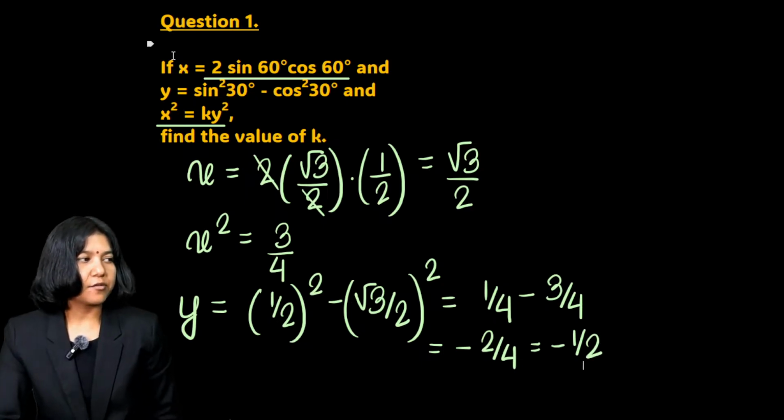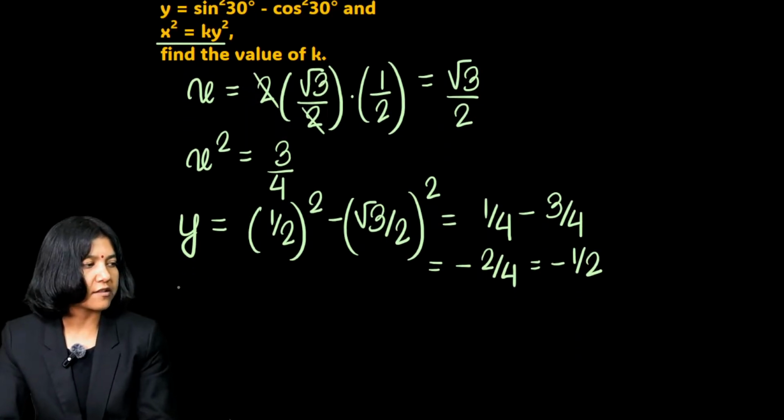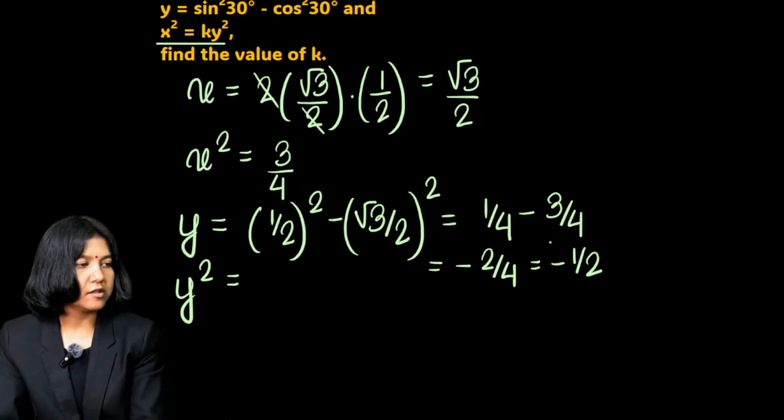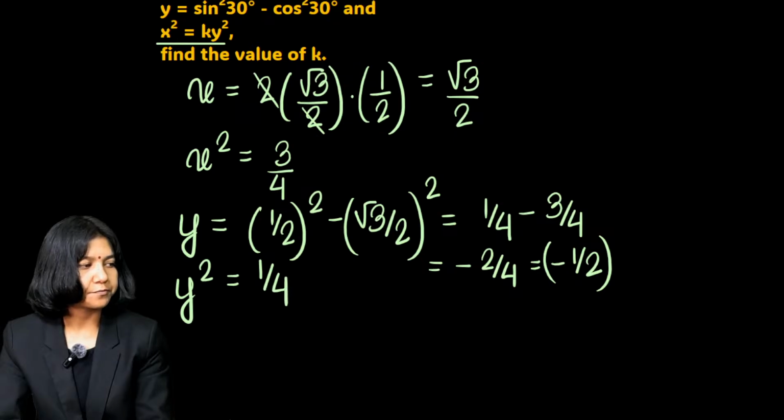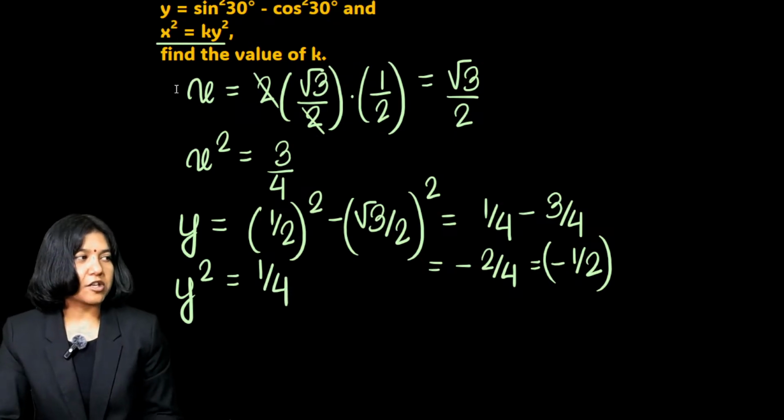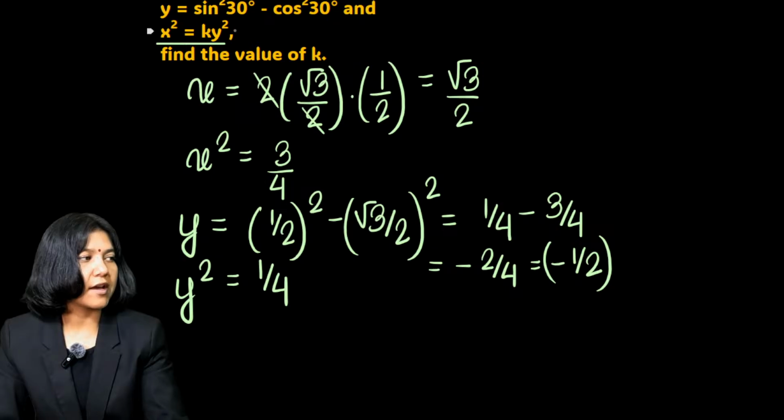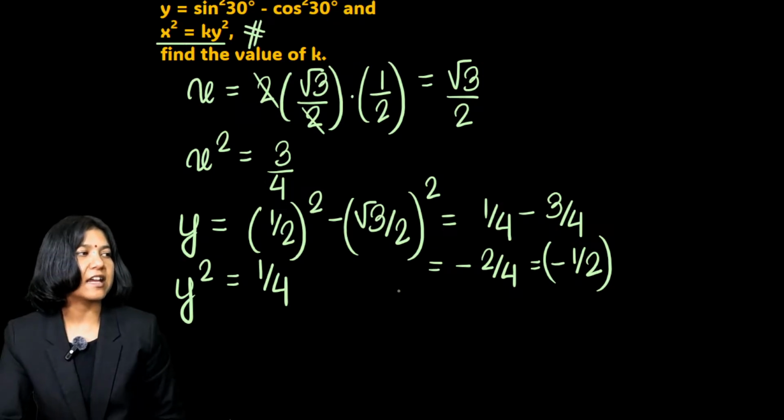Now again, the question says x squared is equal to k y squared. I have to go ahead and square this. Squaring this gives me y squared equals, since the square of any negative number is positive, 1/4. Now the question tells me to compare x squared with y squared, or it's given to me that x squared is k times y squared.